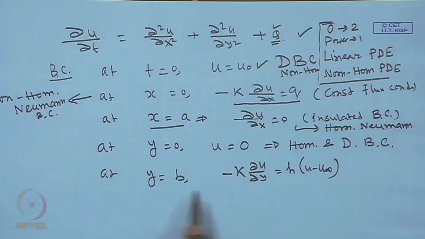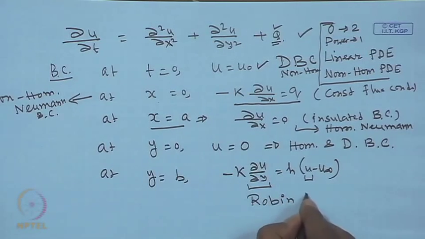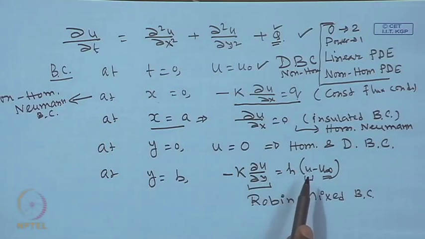On the other hand, in the last boundary condition at y = b, both the derivative of the dependent variable and the dependent variable are connected by a simple algebraic equation. They are appearing in the same boundary condition. So, it is a Robin mixed boundary condition, and there is a term which does not contain the dependent variable or its derivative.